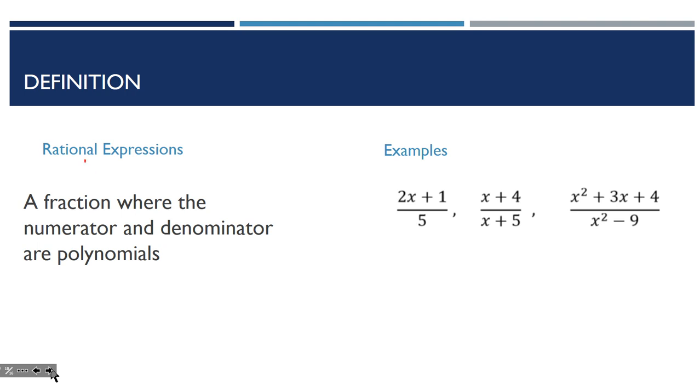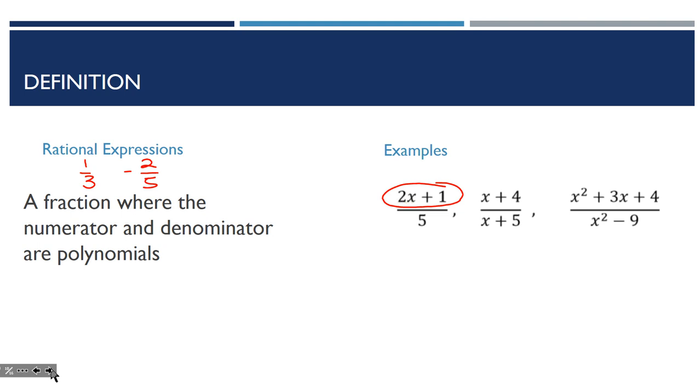So 1/3, negative 2/5. So those are rational numbers. Now a rational expression is a fraction, but either the numerator or denominator or both are polynomials. So 2x plus 1 is a polynomial. So 2x plus 1 over 5 is a rational expression.